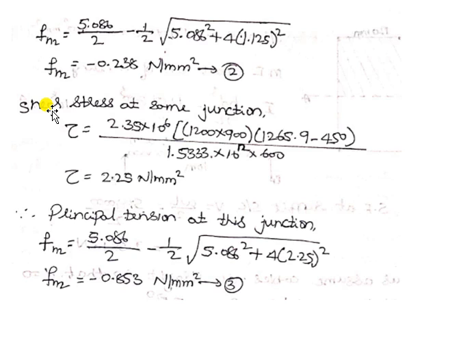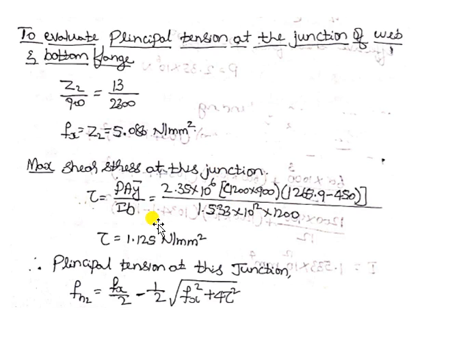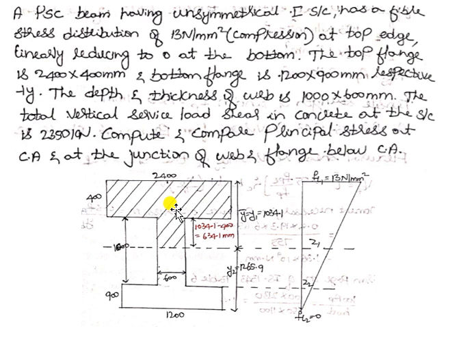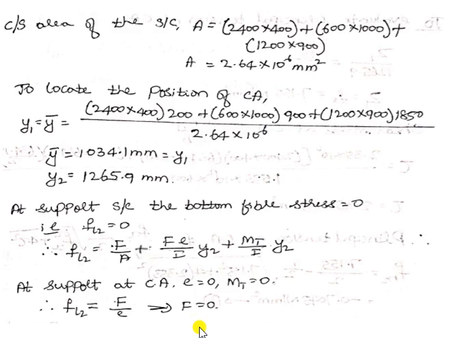Now let us calculate the shear stress at the same junction. In this formula, for the value of B we have considered the width of the flange to calculate the shear stress. Now in the second case we shall consider the width of the web as B and calculate the shear stress.